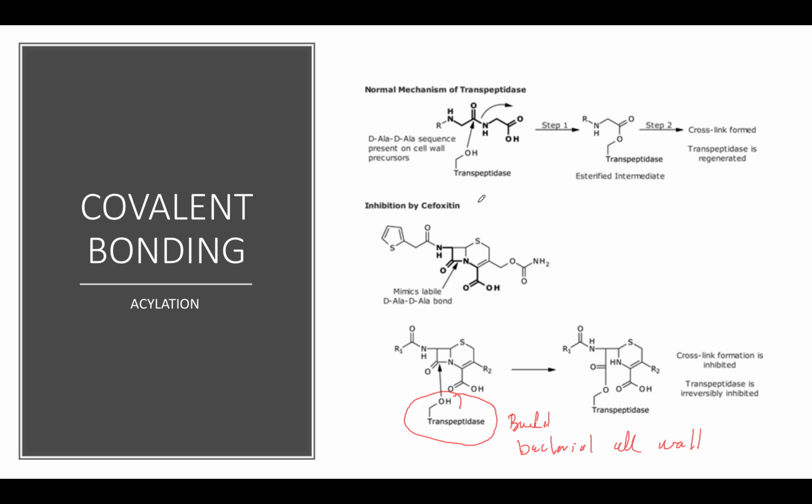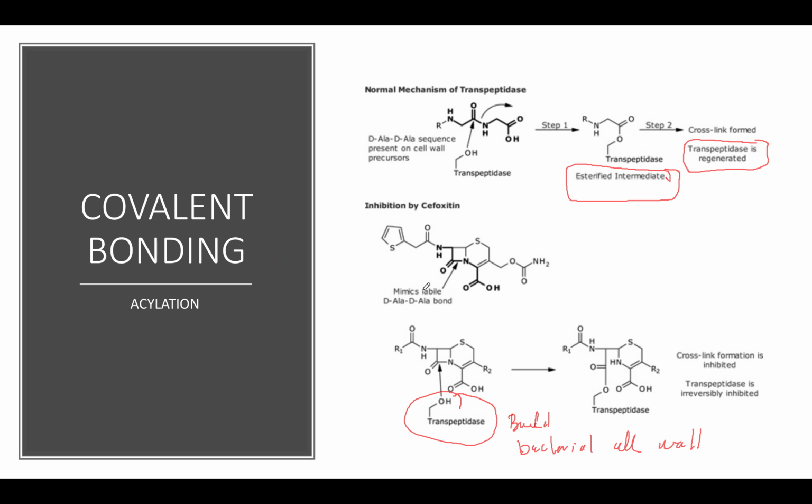In a normal case, without the presence of the antibiotic, the transpeptidase enzyme is going to recognize the D-alanine sequence and attack the electrophilic position of the carbonyl and lead to an esterified intermediate in the first step. In the second step, a cross-link is formed and the transpeptidase is regenerated.